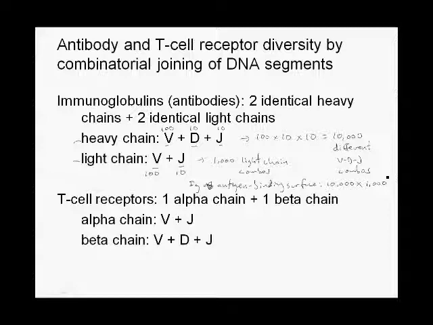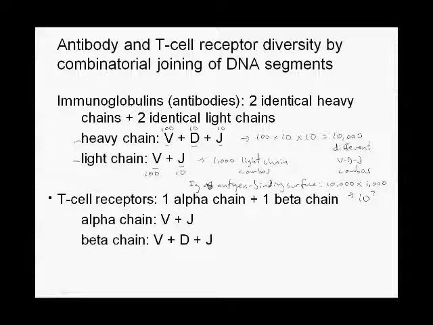So that's 10 to the 4th times 10 to the 3rd, and that already gives us 10 million different possibilities. So you can see these combinatorial effects multiply very rapidly to very high numbers.